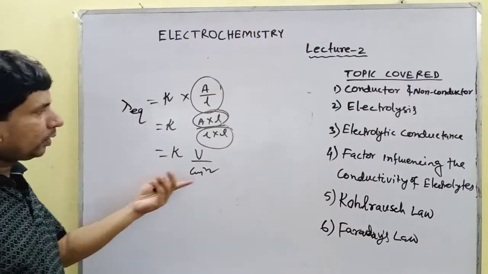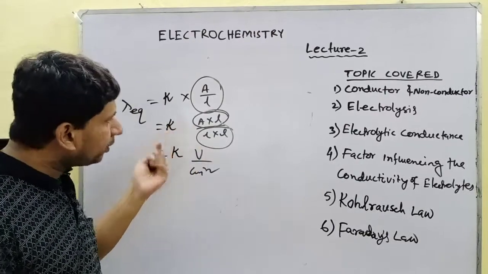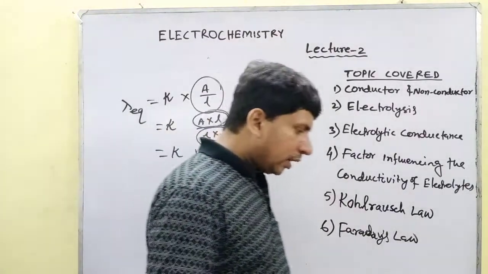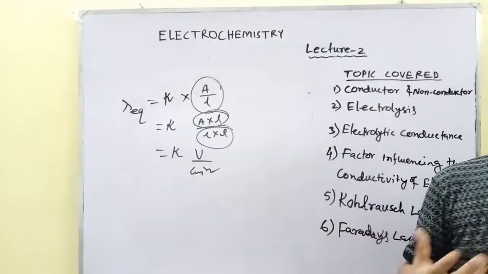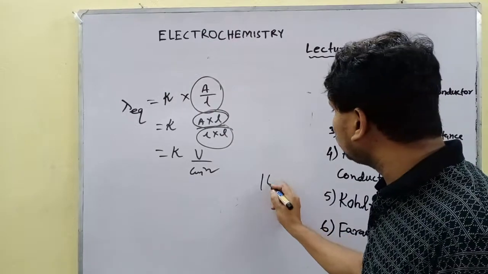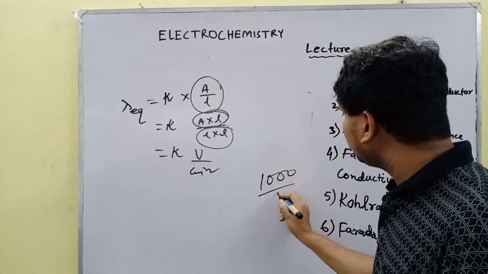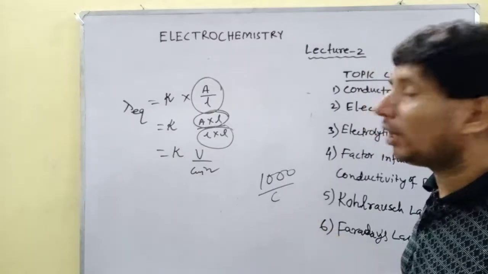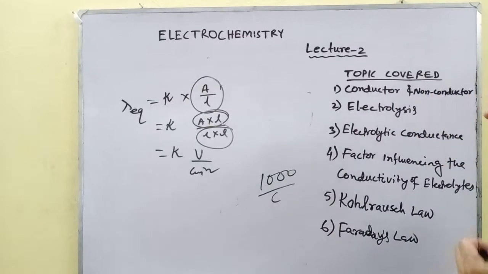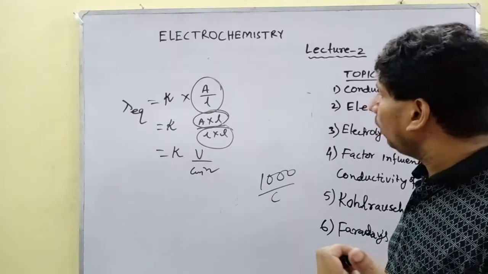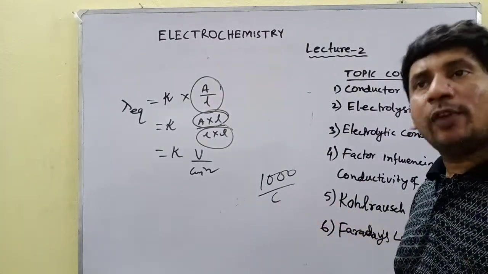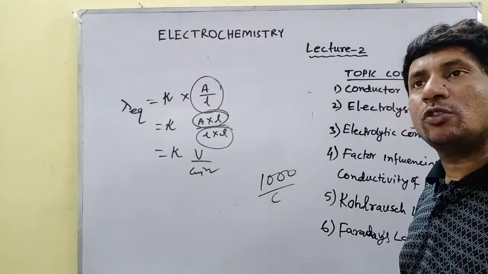Okay, so what is V? V is 1000 by C, or N. N means normal. How is it? C gram equivalent remains in 1000 ml.